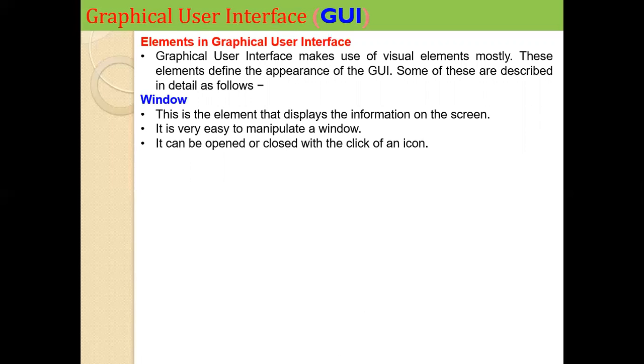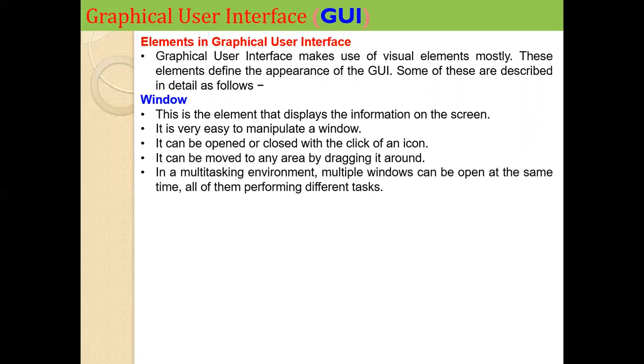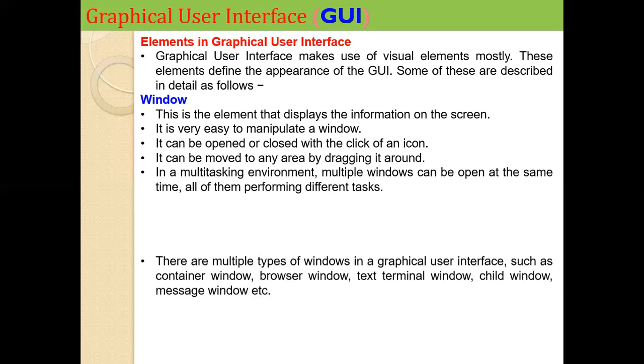With a click we can either open the window or close it. We can easily move it to any area by dragging it. The window can be moved on the terminal, and it provides a multitasking environment. That is, it helps us to open multiple windows at the same time, and each window can perform different tasks.